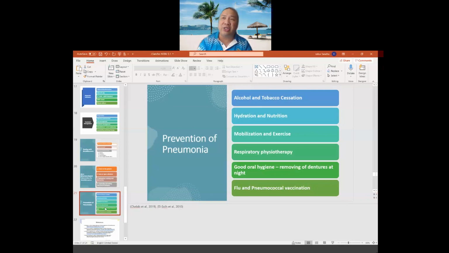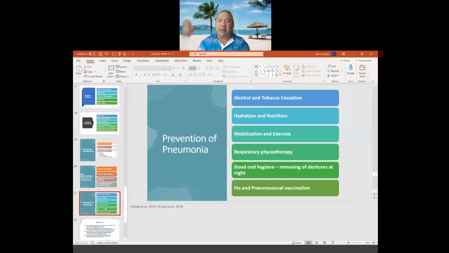Good oral hygiene is what I've told you. Guys, we have to make sure to tell our CNAs to clean the mouth of the resident, or even the mere fact of removing the dentures at night could help prevent pneumonia. Okay, and last but not least, be an advocate of your flu and pneumococcal vaccination.